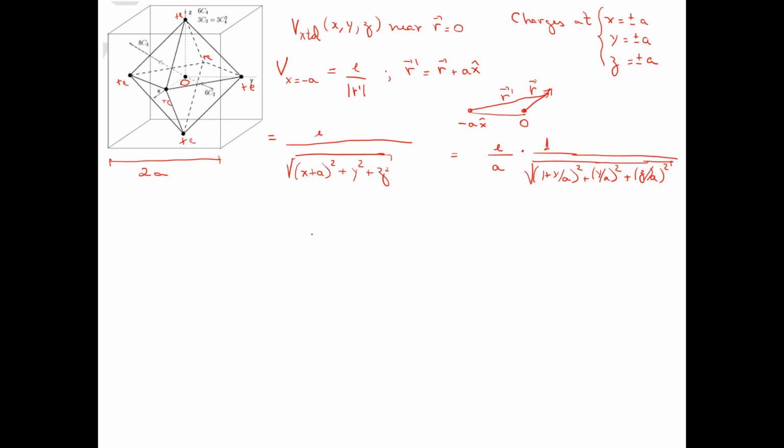and now I can do an expansion for small values of x, y, z.